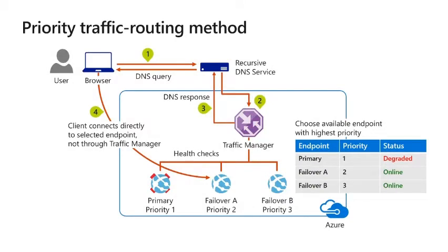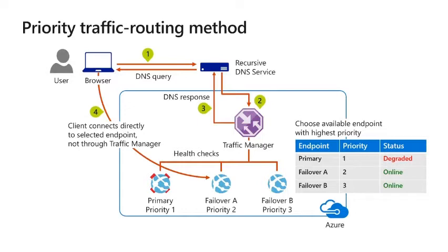Then you have the priority traffic routing method. Often an organization wants to provide reliability for its services by deploying one or more backup services in addition to their primary service. When the primary service goes down, the priority traffic routing method allows Azure customers to easily implement this failover pattern.